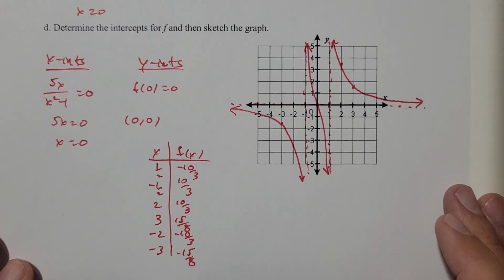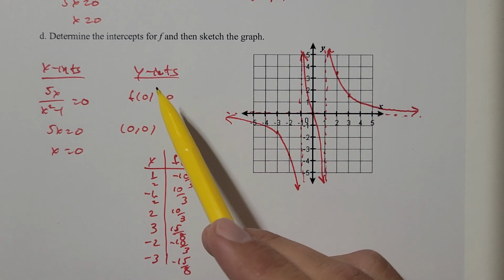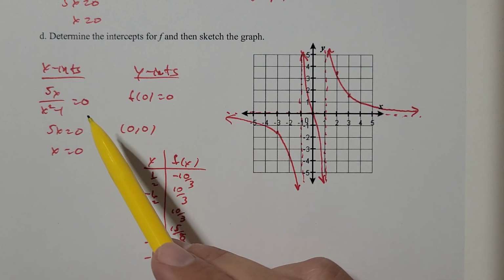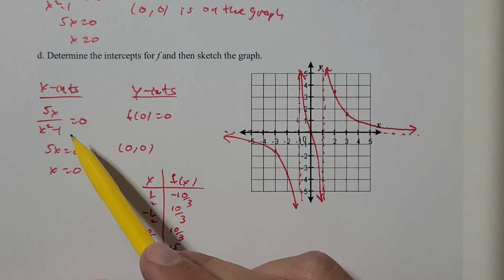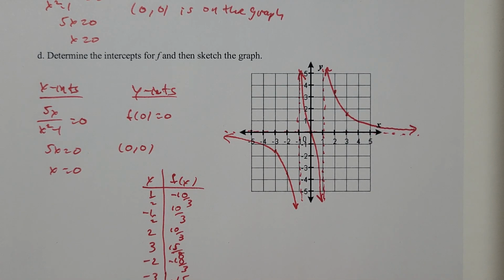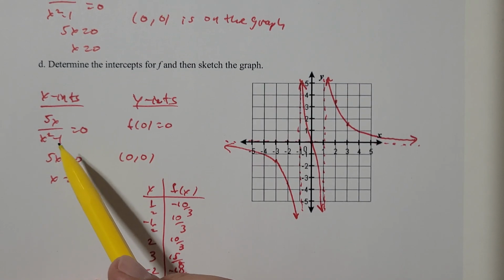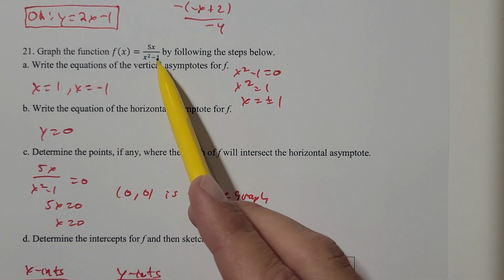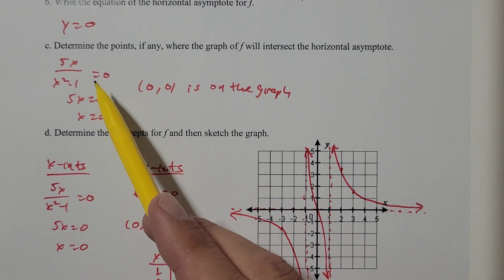In part D, we want to determine the intercepts for the graph and then sketch the graph. So we got to get the x-intercepts and y-intercepts here. To get an x-intercept, I need to let y be 0. y and f of x are the same thing. So let the function be 0, and then solve for x. When you do that, you got 5x divided by x squared minus 1 equals 0. Now we have already solved that equation, right?